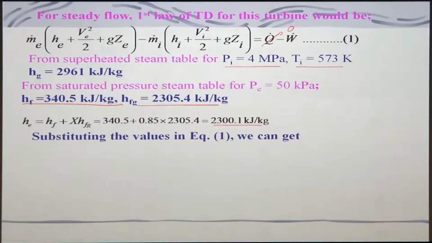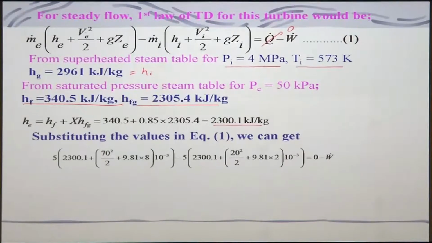And we will substitute this HE and HI, and we know the velocity V exit is 70 meter per second, Z exit is 8 meter, V I is 20 meter per second and Z I is 2 meter.